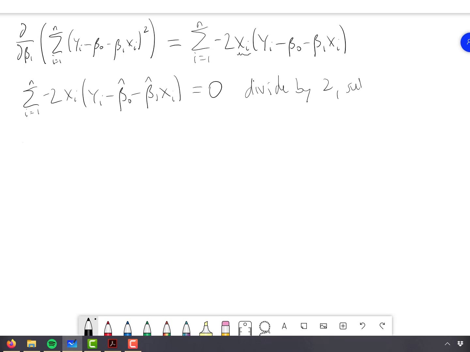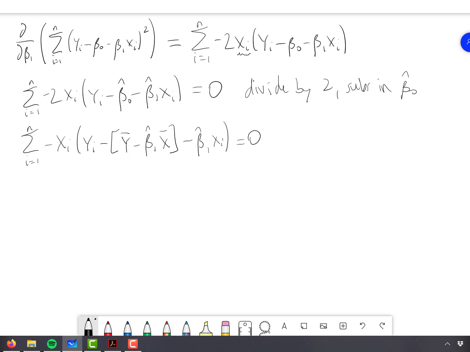Another thing we can do at the same time is substitute in what we just calculated for beta naught hat. Because again, we only want to solve for one unknown in our equation, and right now we technically have 2. So if we do these steps together, we see that we have the sum of i equals 1 to n of negative xi times (yi minus (the mean of y minus beta 1 hat times the mean of x) minus beta hat 1 xi) equal to 0.